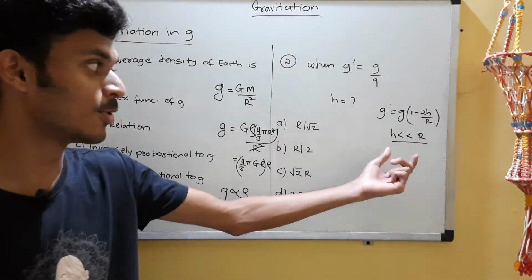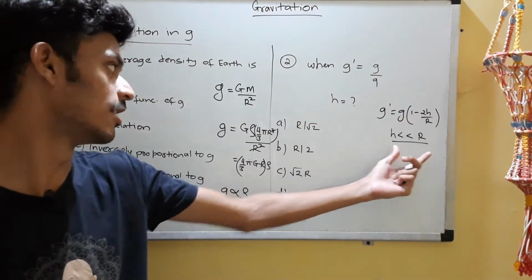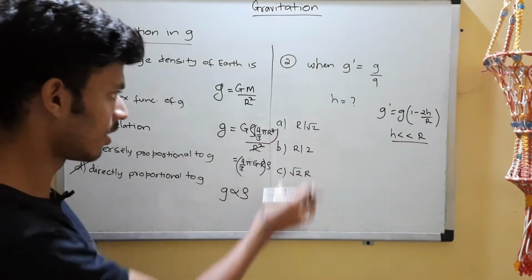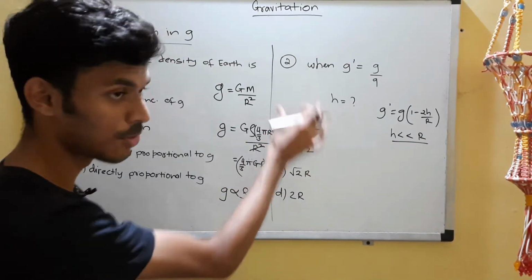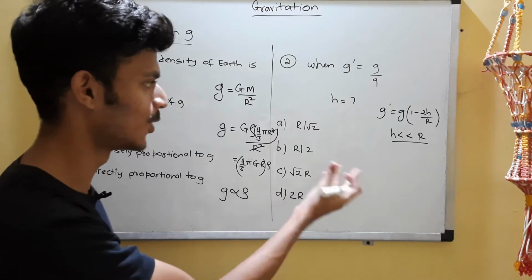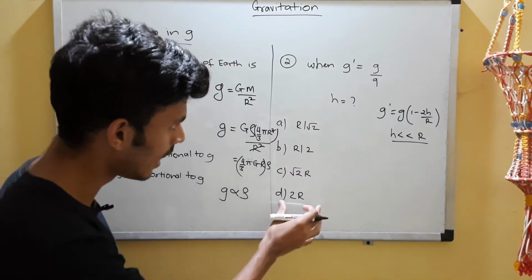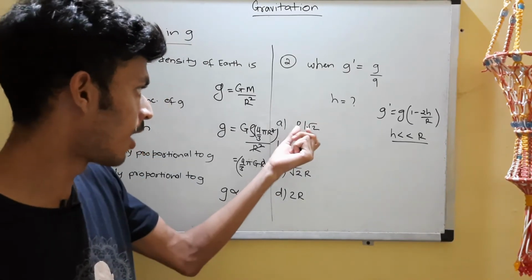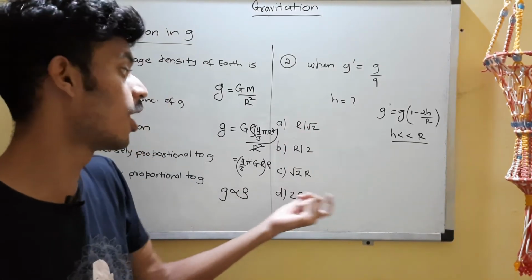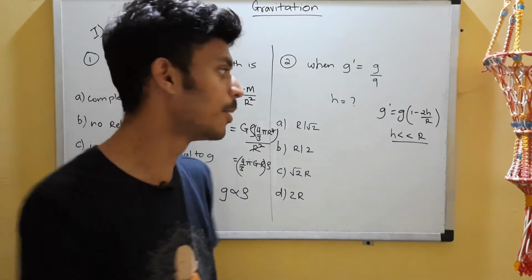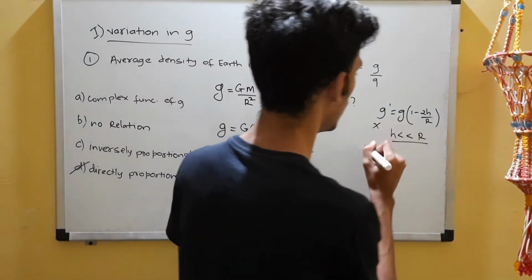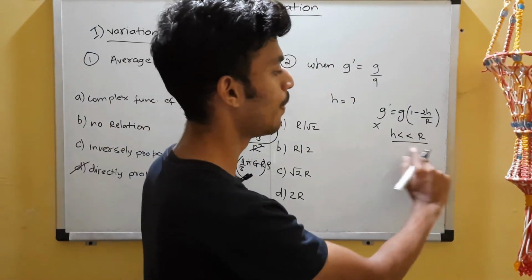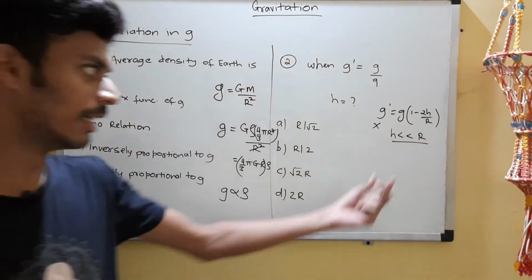If you see the options, these are the values of h. One of these is true, of course, but you can see that h is comparable to r. It's r by root 2, r by 2, root 2 r, or 2r. It's comparable to r, so you cannot use this formula.